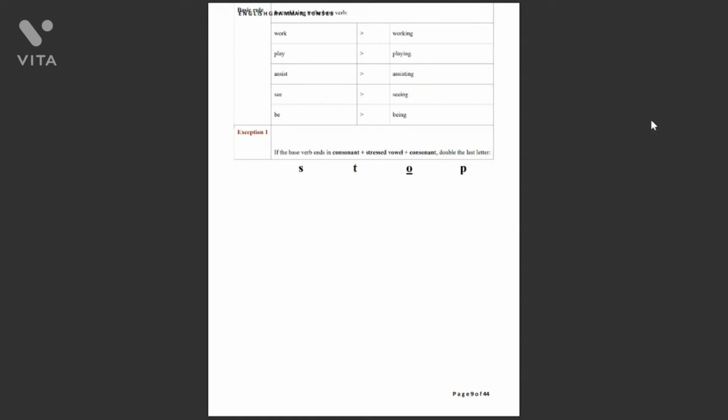Okay, so if the base verb ends in a consonant, be careful. If the base verb ends with a stressed vowel plus consonant, double the last letter. Okay, double the last letter. So this is like stop.